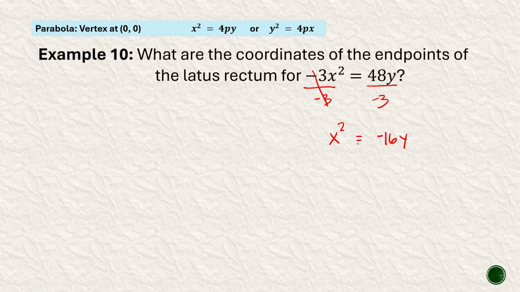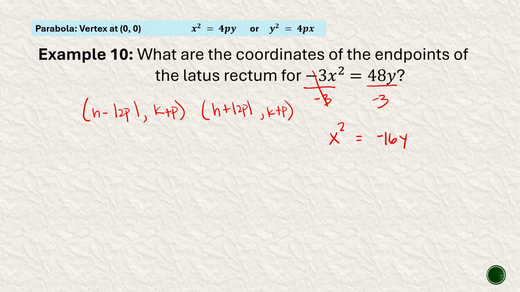So if the parabola opens downward, the general formula for the ends of our latus rectum are h minus the absolute value of 2p, comma, k plus p, and then h plus the absolute value of 2p, comma, k plus p.